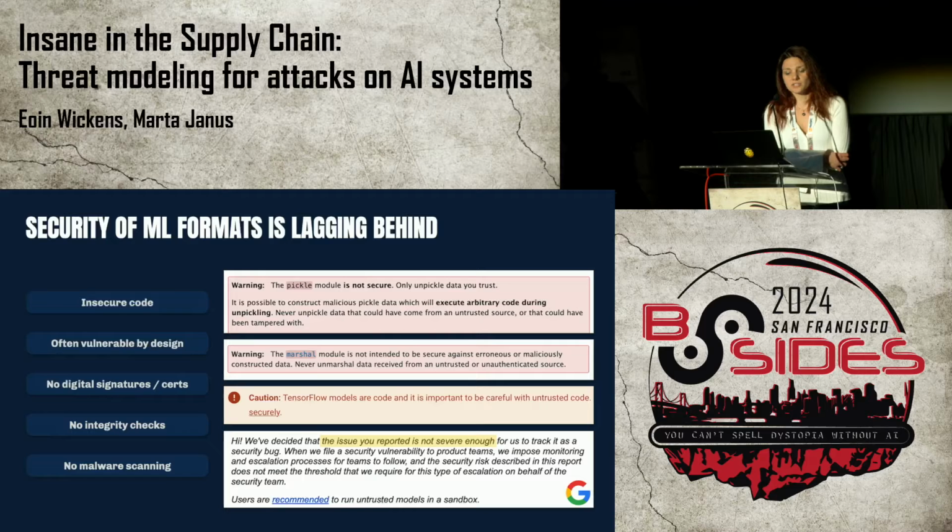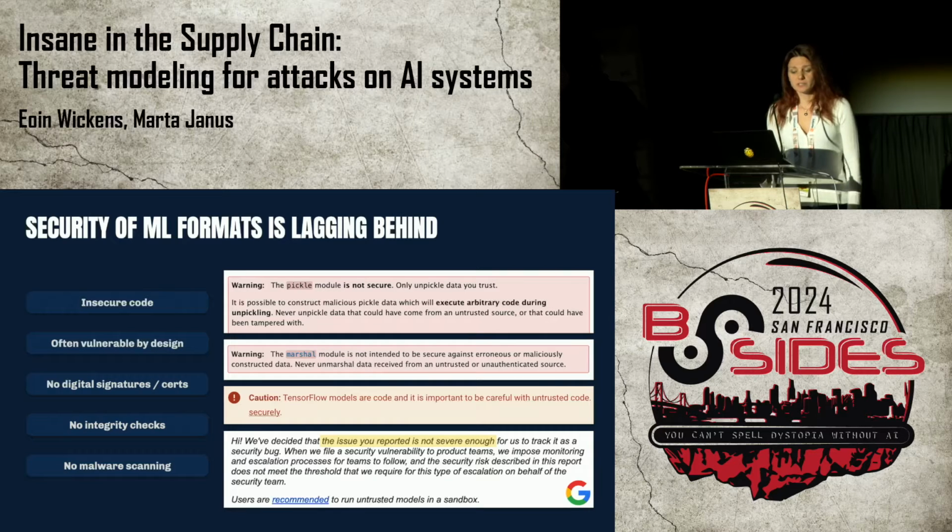We often just get an answer like this one on the screen from Google regarding TensorFlow: it's a feature, we're not going to fix it, and if somebody gets exploited in that way, it's their own fault because they were using it in the wrong way, which is basically shifting the blame to the user instead of actually trying to do something about it.